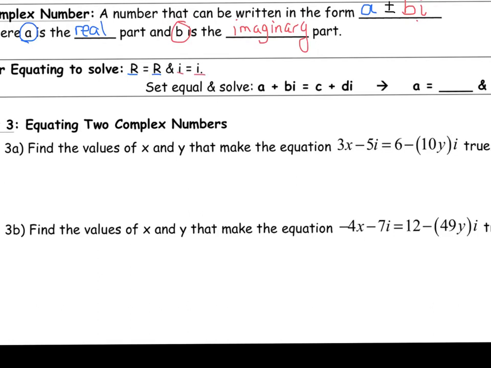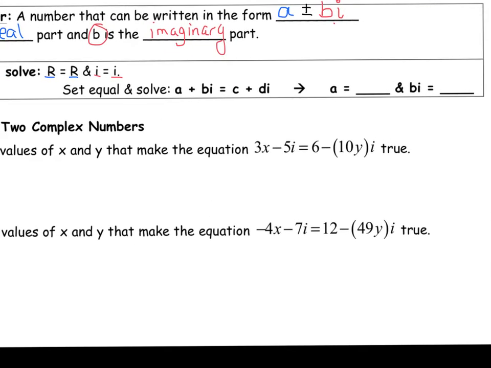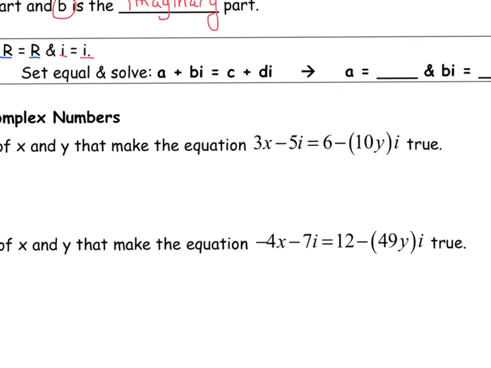If I were to color code this, the A and the C on each side of the equal sign don't have i's next to them, which means those are both the real parts. Real and real. And the B has an i next to it and the D has an i next to it, so we would set Bi equal to Di because those are both the imaginary parts.